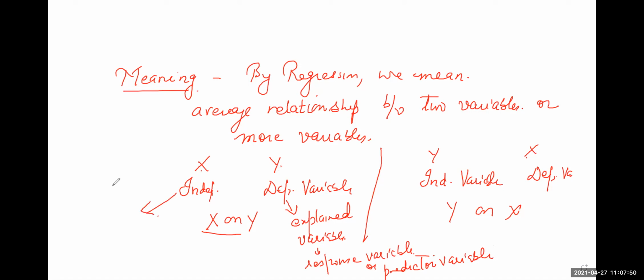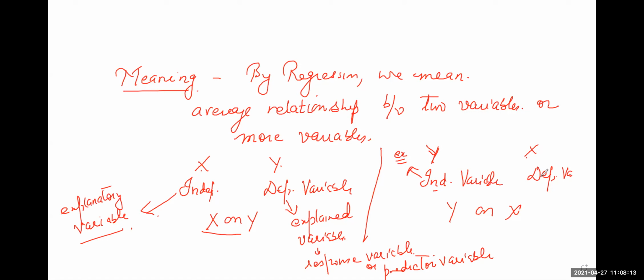And the independent variable is called the explanatory variable. So in this case, if y is the independent variable, y will be called the explanatory variable, right?